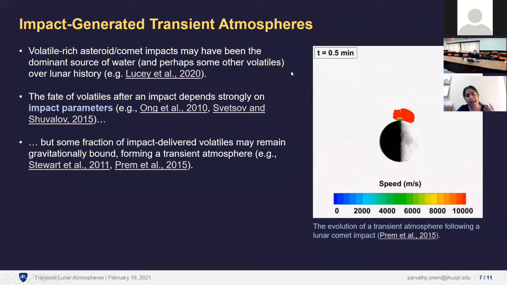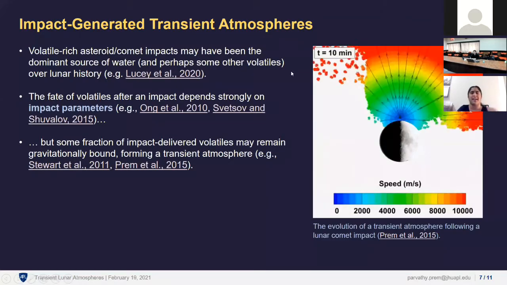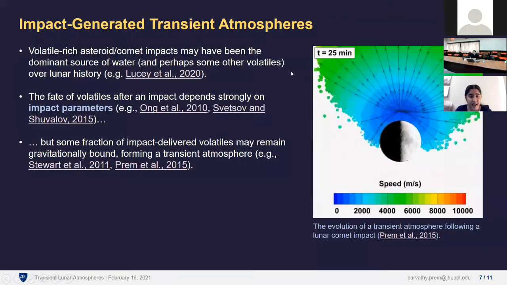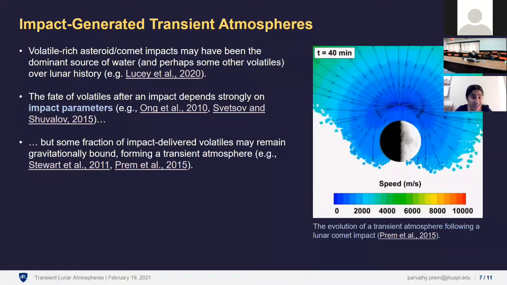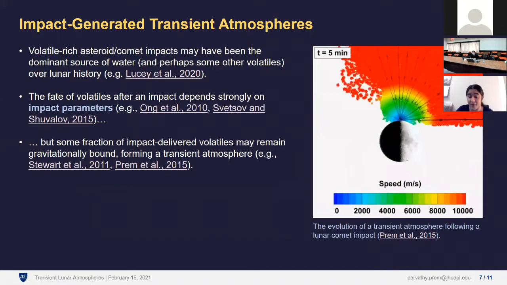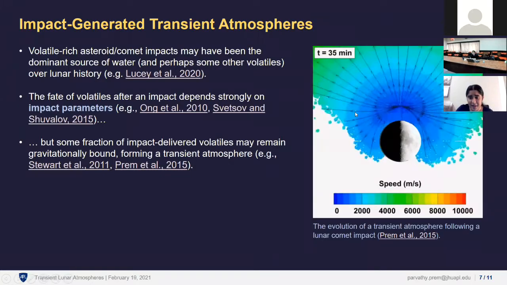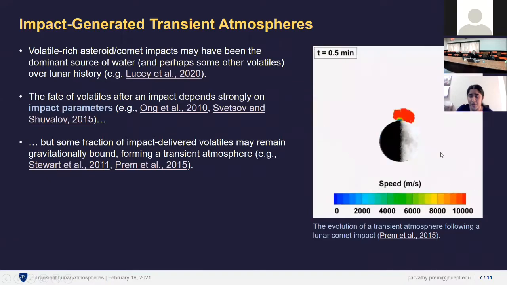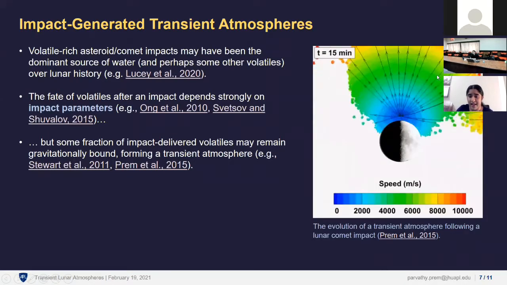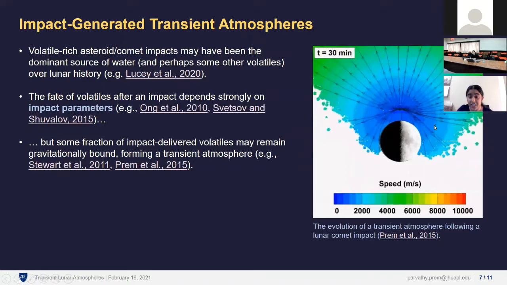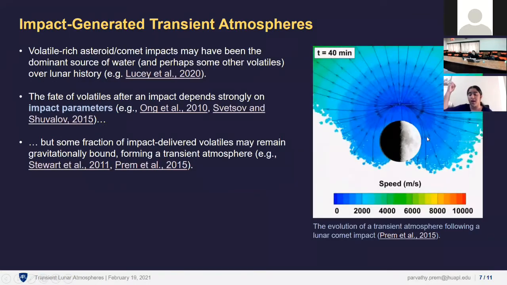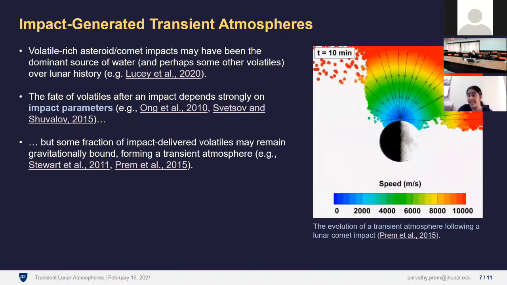And so what happens to volatiles after an impact? This is something that I looked at for my dissertation work and a little bit afterwards as well. The video that's on loop on the right here is an animation from a simulation of what happens to the water contained in a comet that hits the moon.